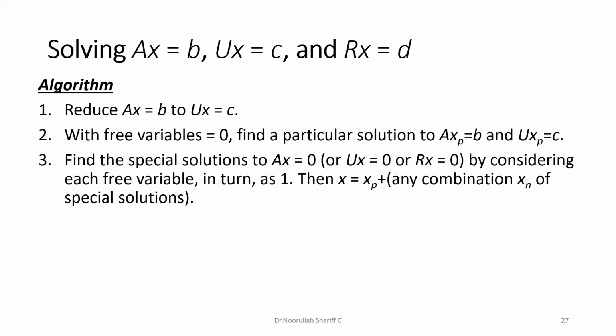The first step is reducing AX equal to B to UX equal to C by means of the elimination method. The second step is considering the free variables as equal to 0, and finding the particular solution to AX equal to B, which is nothing but UX equal to C. Then finding the special solution to AX equal to 0, as in the case of solving AX equal to 0, same thing as solving UX equal to 0 or RX equal to 0, by considering each free variable in turn as 1.